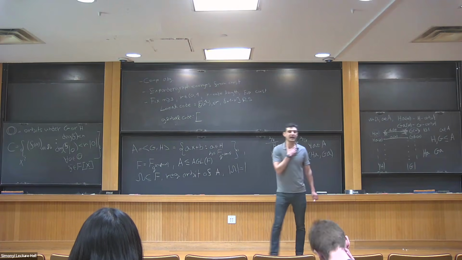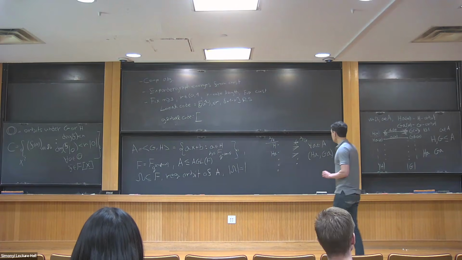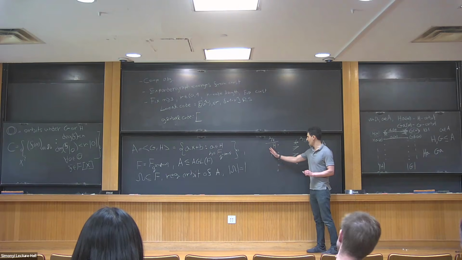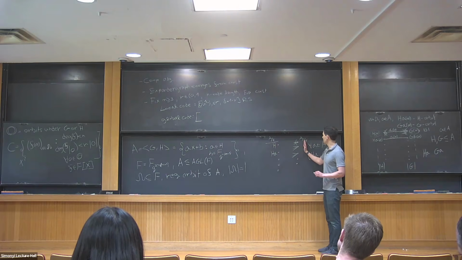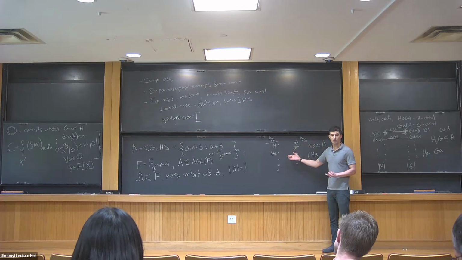Okay, so a quick recap of where we ended. You can define the coset graph where the left vertices are the right cosets of H, the right vertices are the right cosets of G, and you can impose constraints on each vertex to be a Reed-Solomon codeword.